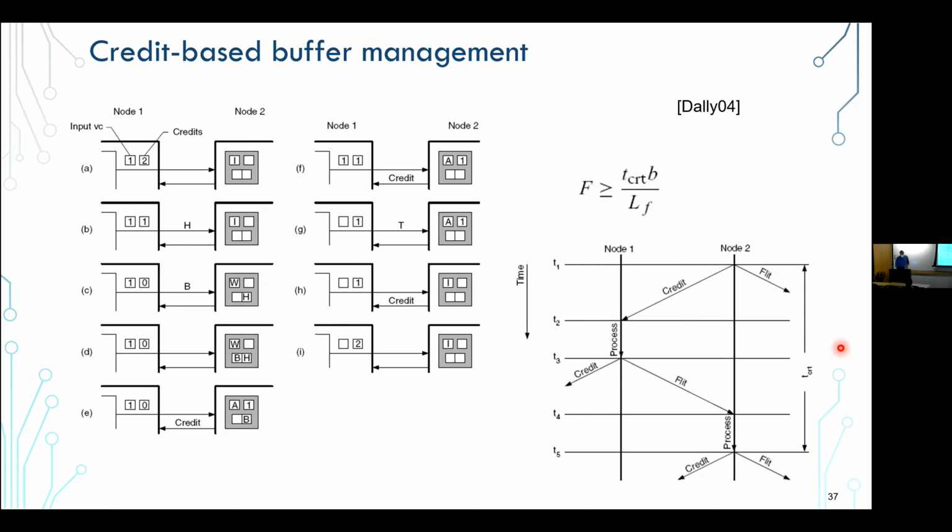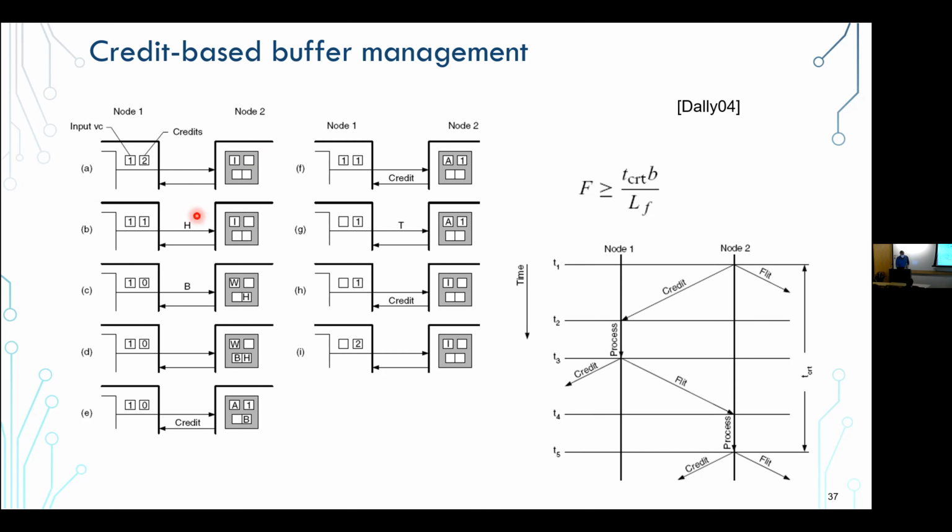So this is kind of the mechanism that I just mentioned, right? You're basically exchanging the credits between the outputs of one switch across the channel and the input VC of the next switch, right? And it matters what happens across this channel.